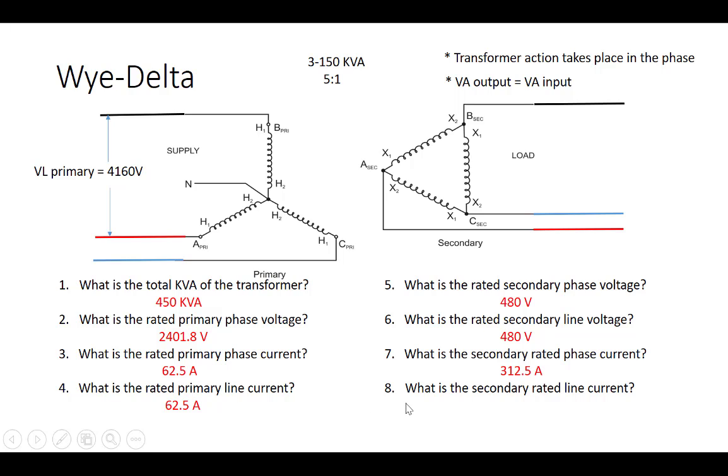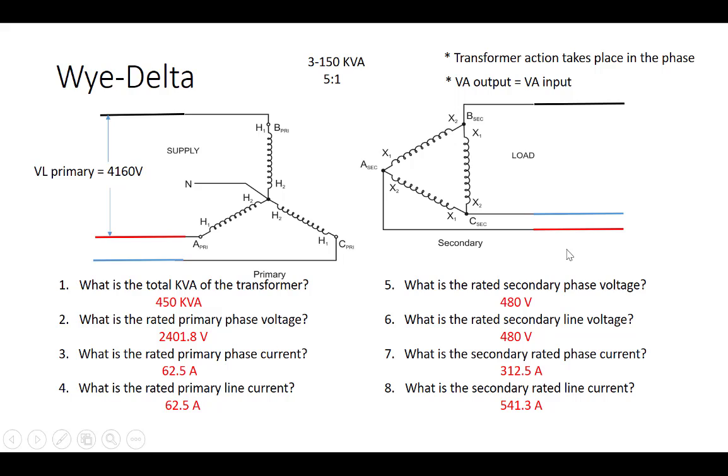And then to find the rated line current in delta, line current is phase current times root 3. 312.5 amps times root 3 will give me a line current of 541.3 amps. So when we have a rating for our 3 single-phase transformers, we can find rated values for the 3-phase transformer connection that we're making.